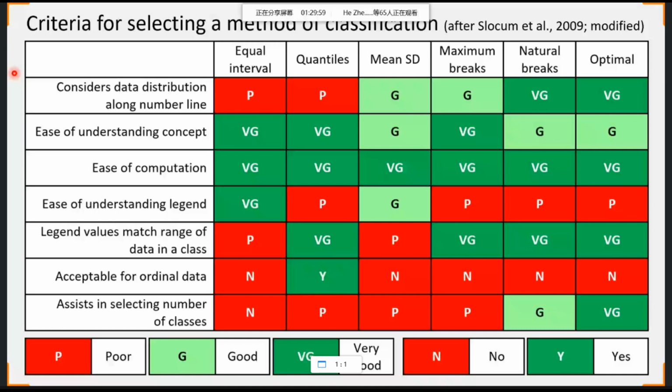So this curve that I've just shown to you, where you can find out how many classes you should use, this you can use for all the methods. So you can, for example, decide for quantiles, because you have ordinal data, that's easy.